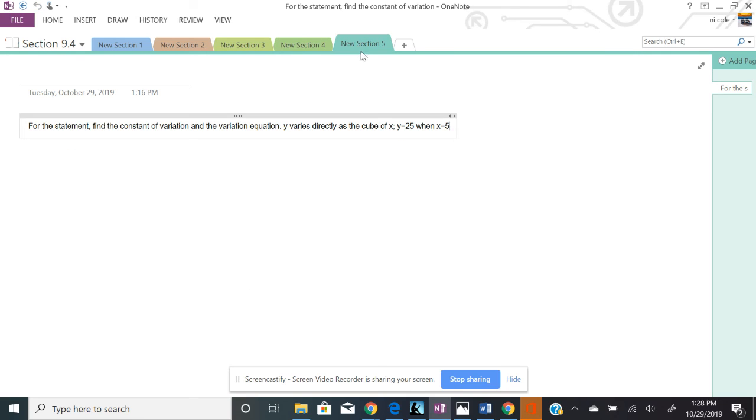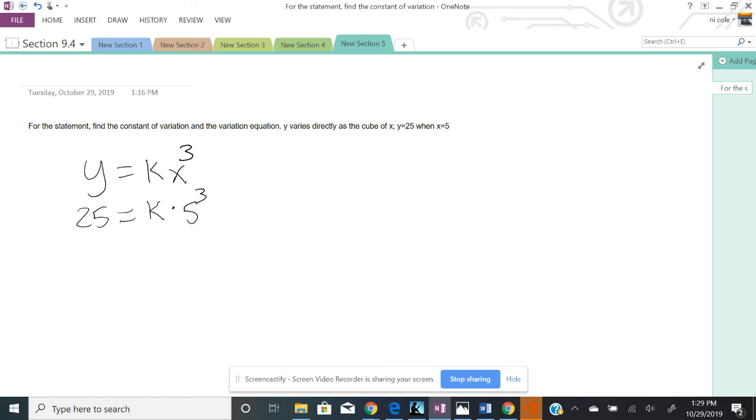You also might get something that looks like this. For the statement, find the constant of variation and the variation equation. Y varies directly as the cube of x. So what that says is y is equal to k times x cubed. X is cubed, so therefore we're going to plug in 25 is equal to k times 5 cubed.